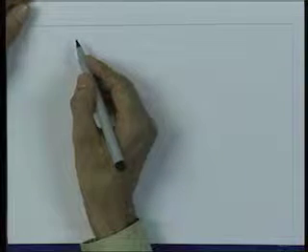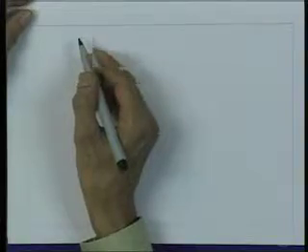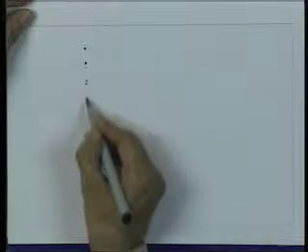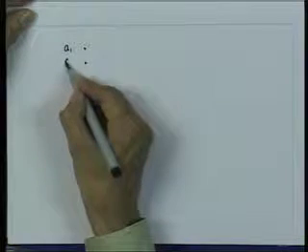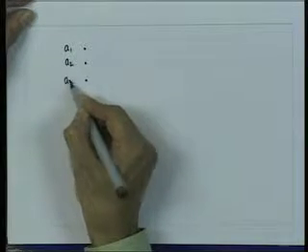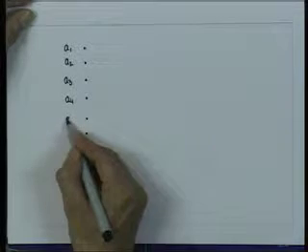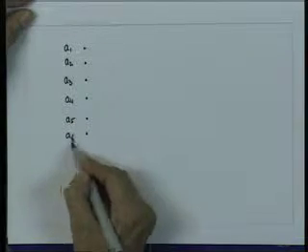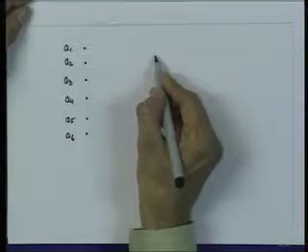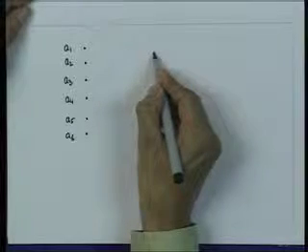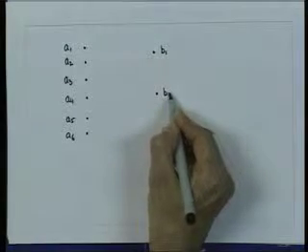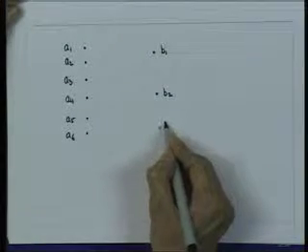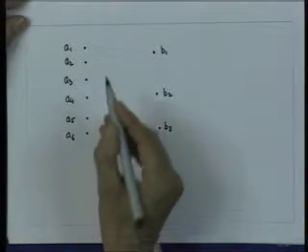Since the channel matrix size is 6 by 3, it implies that we have 6 inputs which are indicated by A1, A2, A3, A4, A5, A6, and we have 3 outputs indicated by B1, B2 and B3.